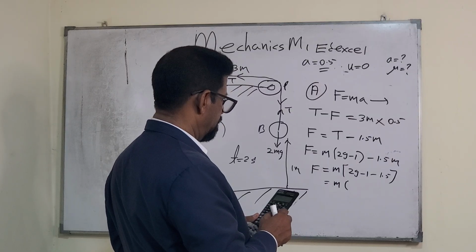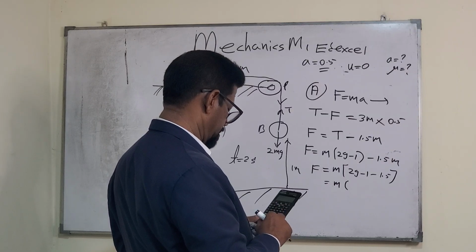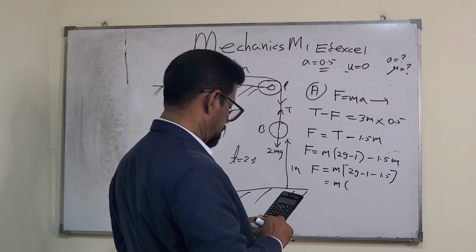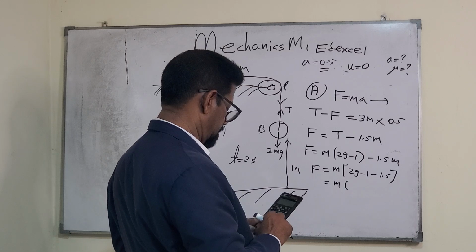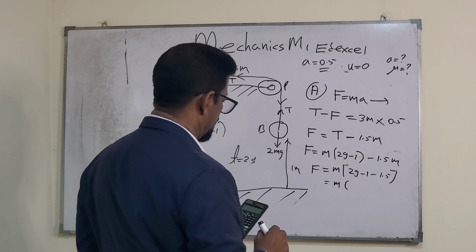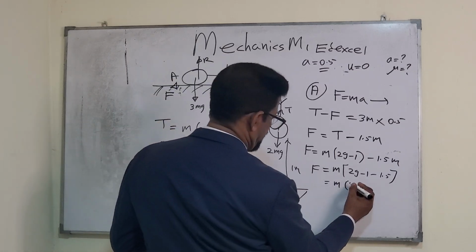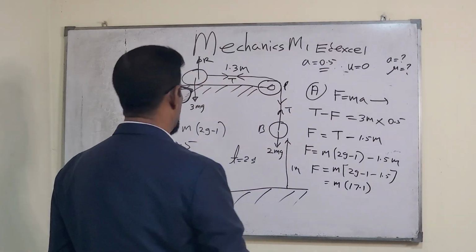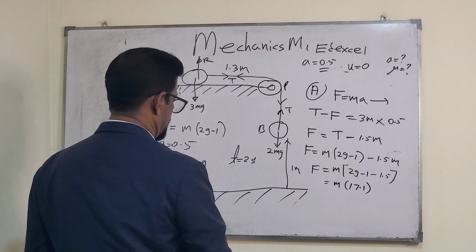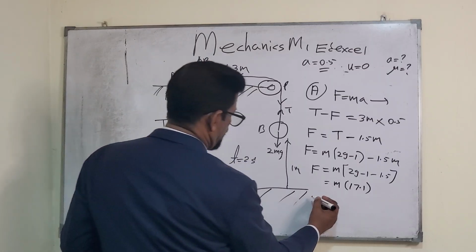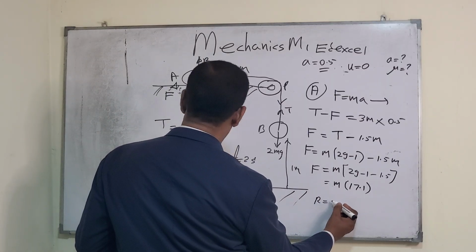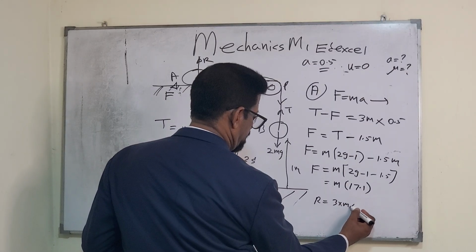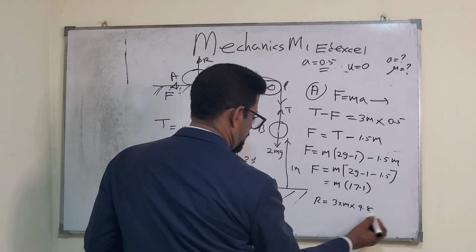That minus 2.5, minus 2.5. So the answer is 17.1. Right, that we know this R equals 3 times m times 9.8.